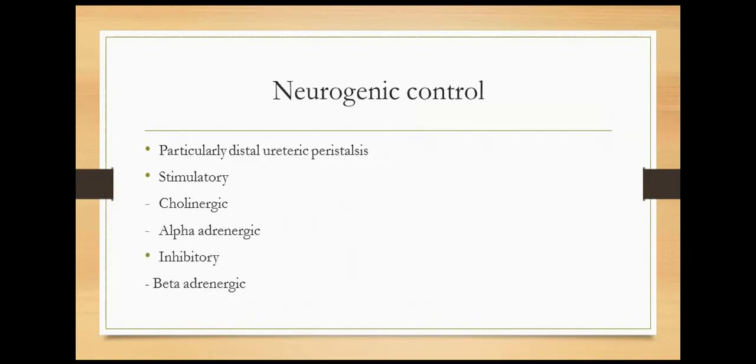I bring this slide up as the neurogenic control of the ureter, as we'll see when we tie things up at the end. I think it's a very crucial one, particularly the distal ureteric peristalsis and obstruction thereof. It is said that distally the ureter has stimulatory and inhibitory channels, mostly cholinergic and alpha adrenergic being stimulatory, and the inhibitory one to peristalsis being beta adrenergic.